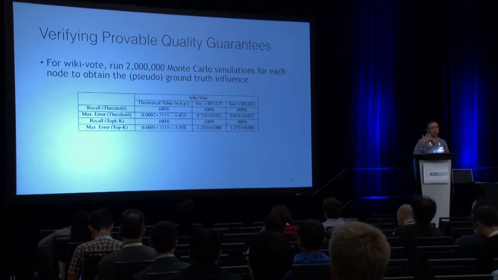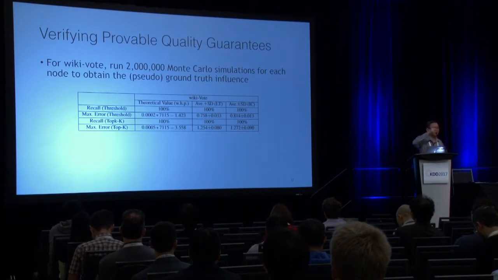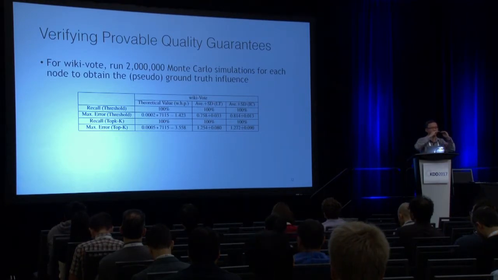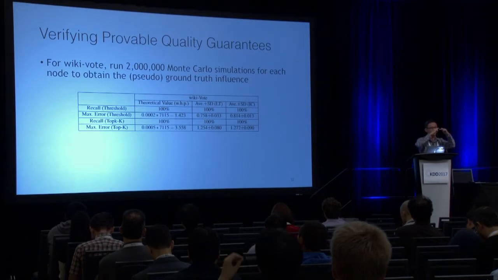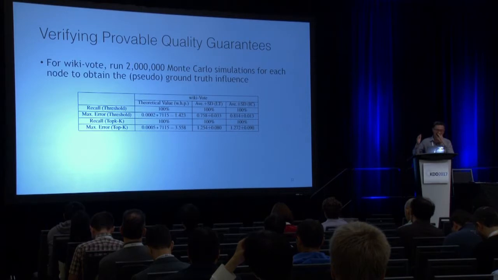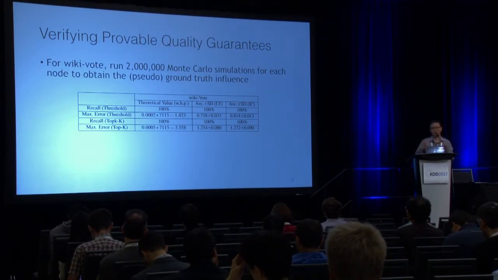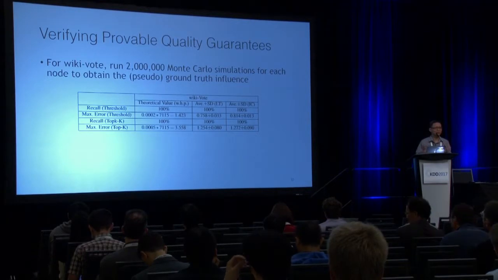Particularly if you want the top K list, the top K list may change quite substantially with a very minor change of the value, right? Because you are not looking at the influence value, you're looking at the relative order of those entities. So that's the reason why we only have a pseudo ground truth. Okay.